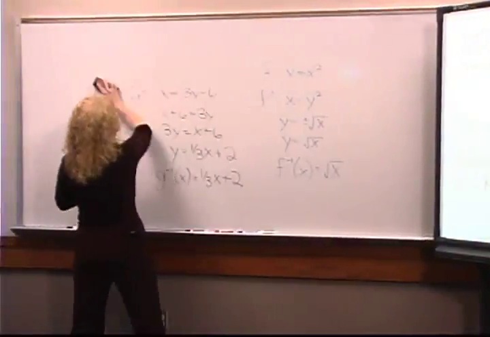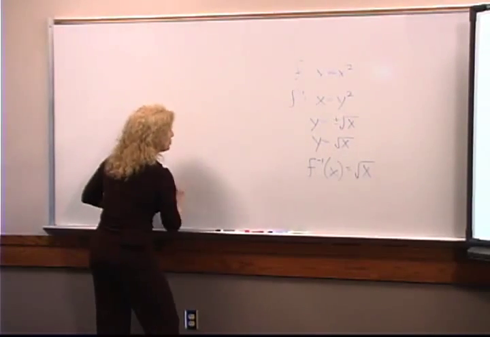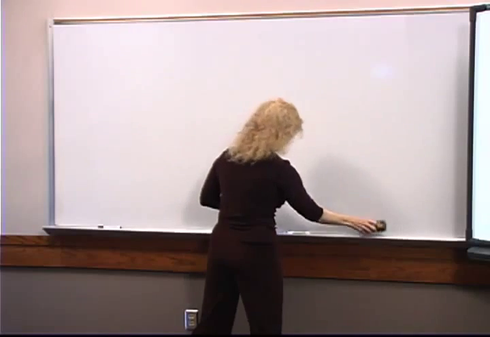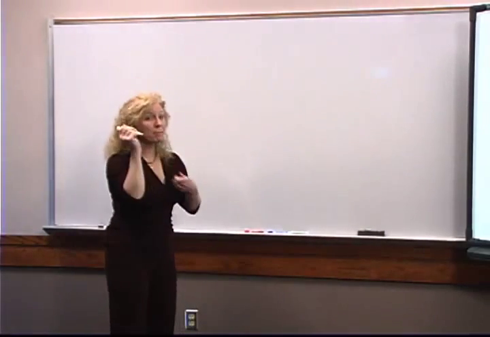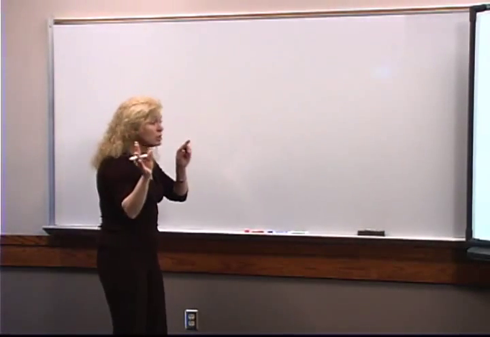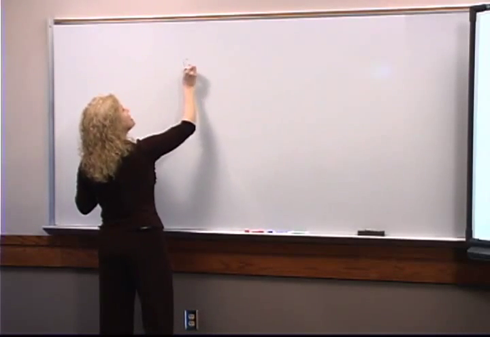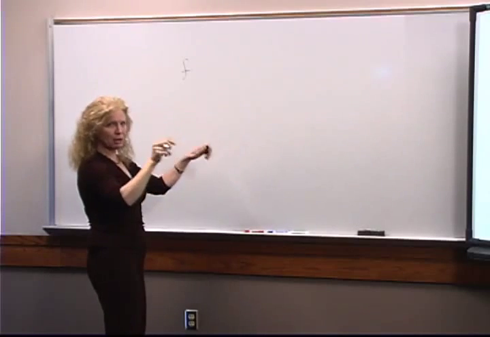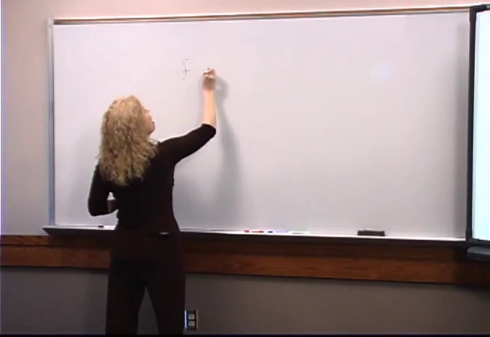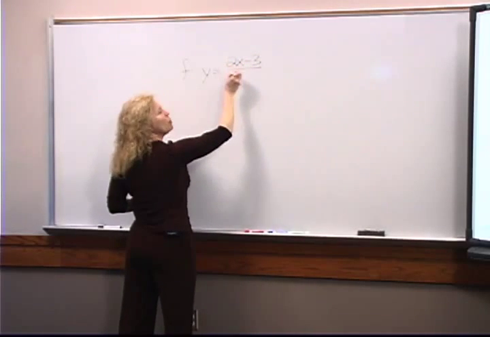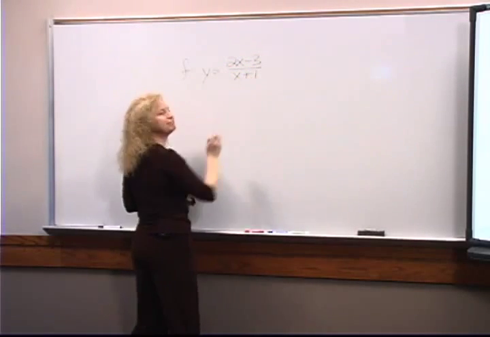Now, to get the rule, it's going to take me a little bit more algebra, okay? So let's come over here, get ourselves some workspace. Remember, I told you, don't get yourself all confused of which direction you're working on. So start by saying f, my original function here: y equals 2x minus 3 over x plus 1. Okay?